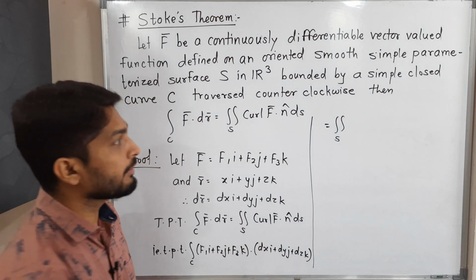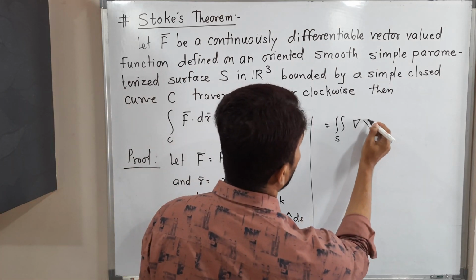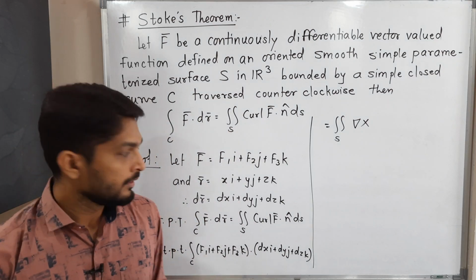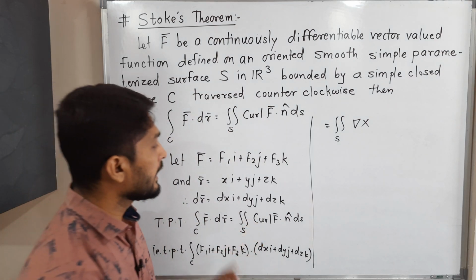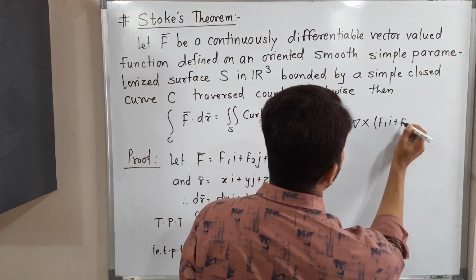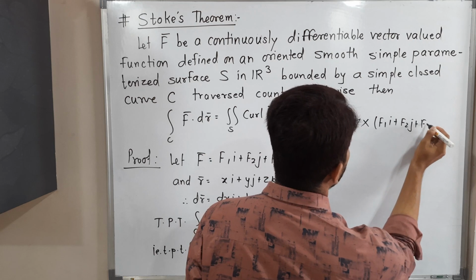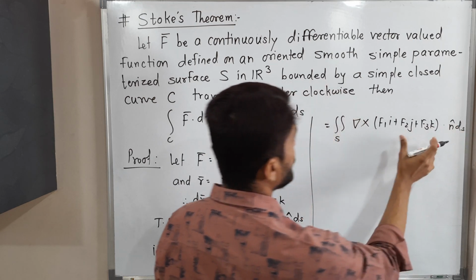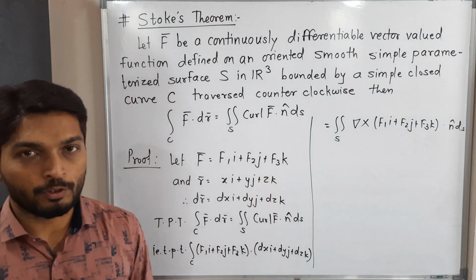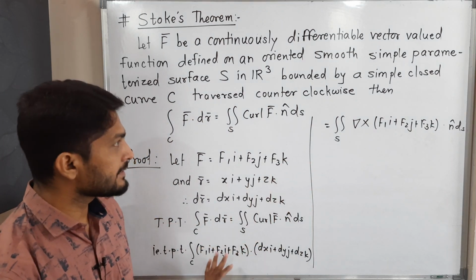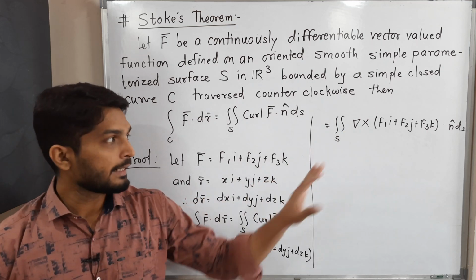You know that curl means del cross and divergence means del dot. So curl of f bar means del cross f bar, but f bar is nothing but f1i plus f2j plus f3k, dot n cap ds. Obviously we have to take the cross product first and then the dot product with n cap, right? So finally we have to prove this line integral is equal to that surface integral.